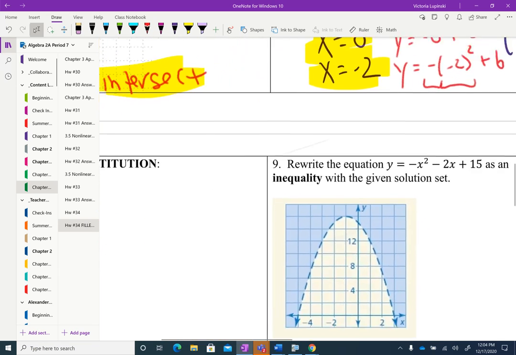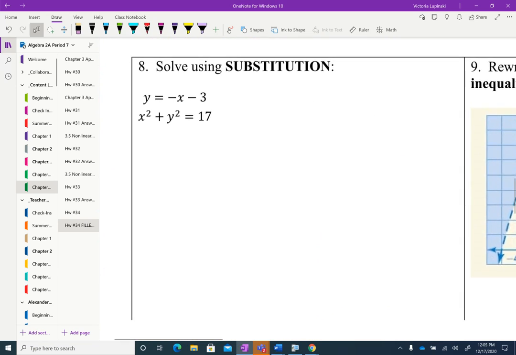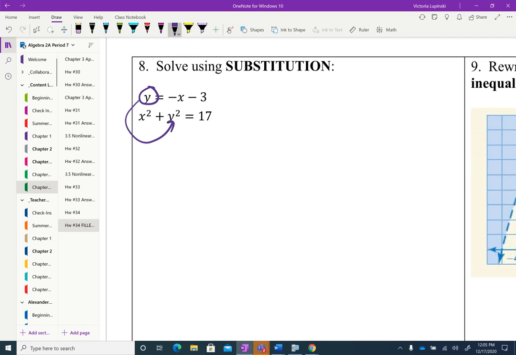Okay. Number 8 was all about substitution. So in substitution, you literally have to plug one value into another. And because this y is already isolated, I'm going to plug the y equals into the y squared in the second one. Reminder that x squared plus y squared, that's a circle. You don't have to be able to do anything with circles other than just be able to manipulate them algebraically.